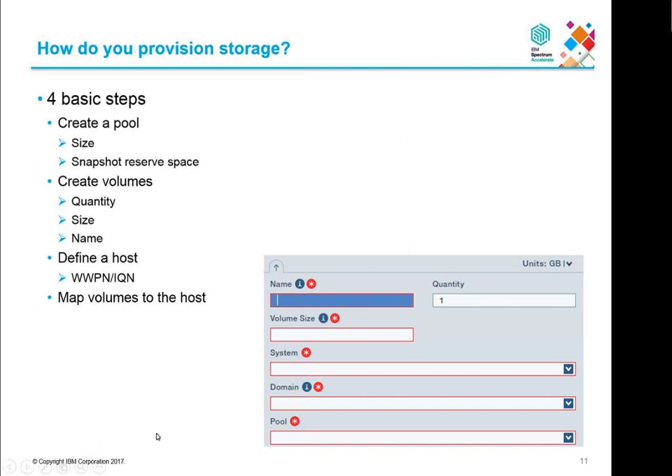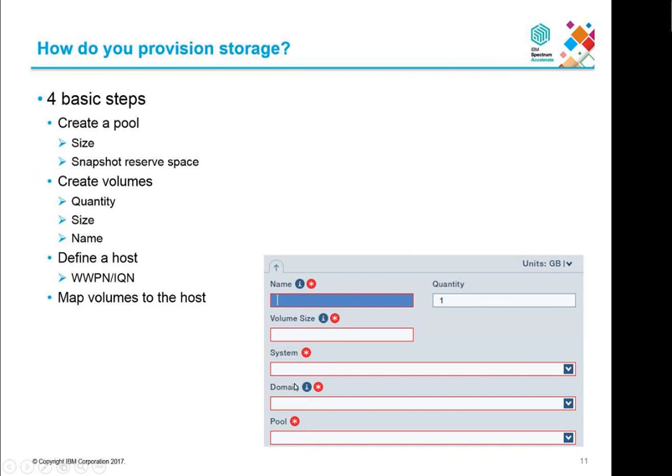The other thing that can be done here is I can combine a pool with multi-tenancy, and then I create a pool inside a domain, and as an admin, I can be an admin of more than one domain. So it's logical then to see the domain name pop up as part of the pool definition. Again, volume size is important.